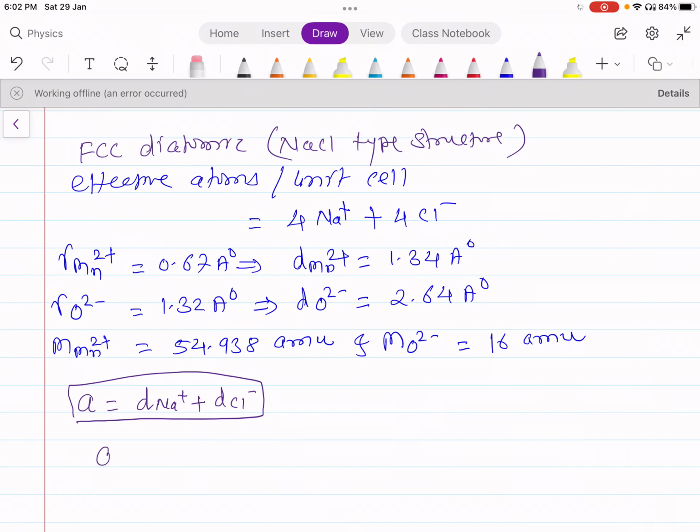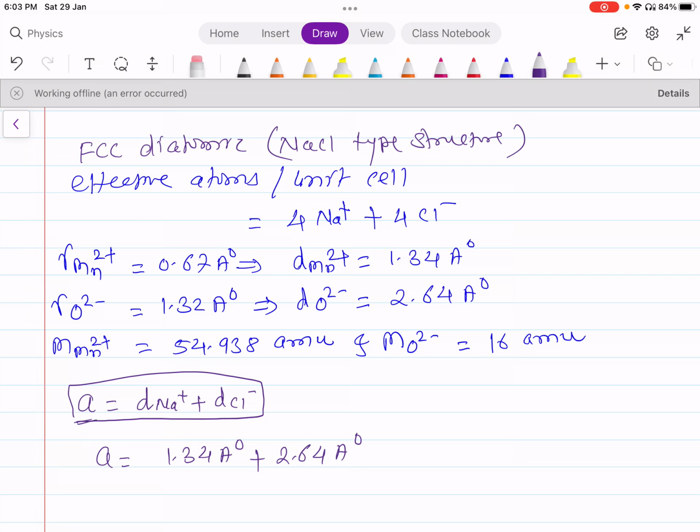Therefore a equals 1.34 angstrom, the diameter of manganese, plus 2.64 angstrom, the diameter of oxygen.